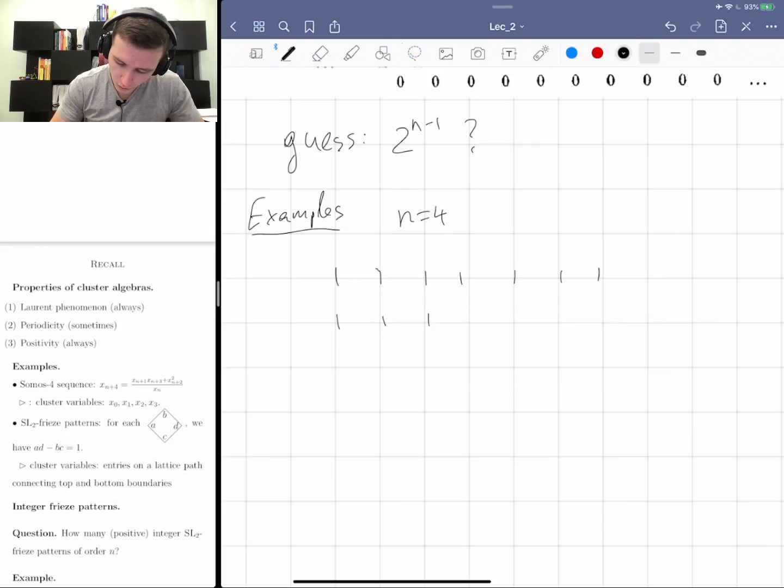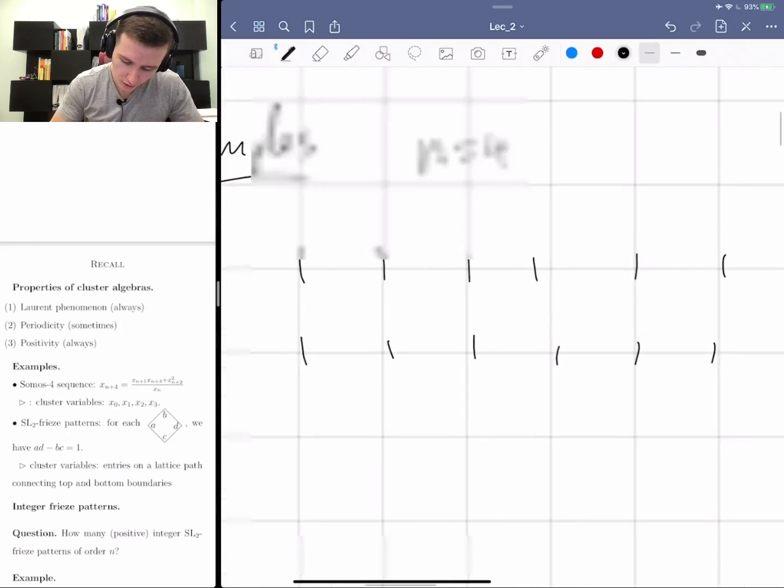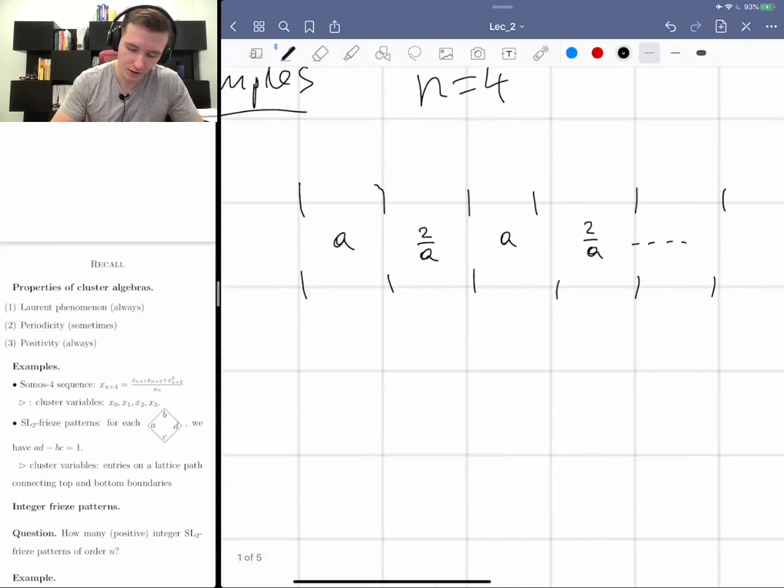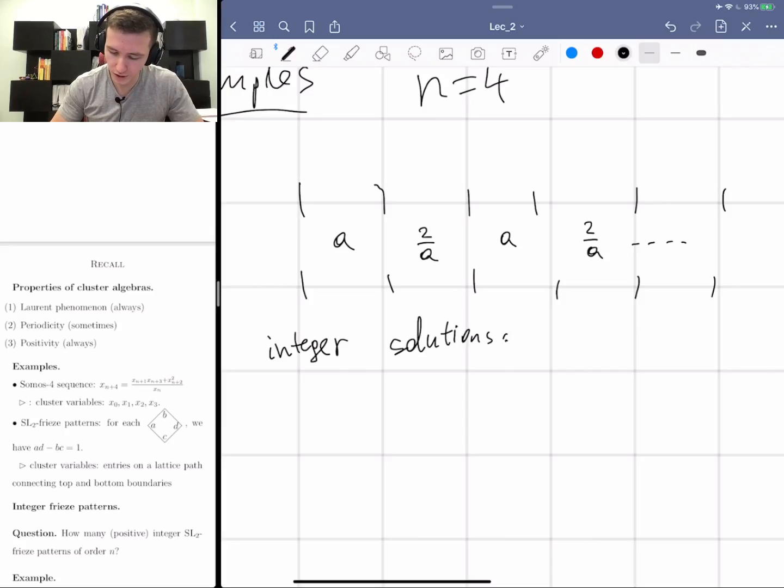1, 1, 1, 1, 1, and now here if I have a, this is going to be 2 over a, and then this is going to be a again, 2 over a, and etc. So as you see, it's always periodic, and so the positive integer solutions are only a equal to either 1 or 2.